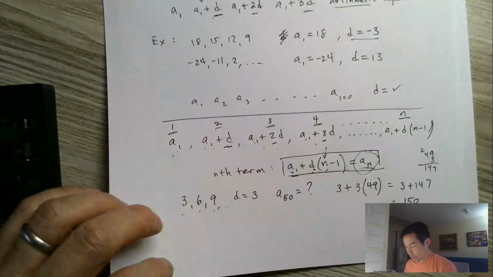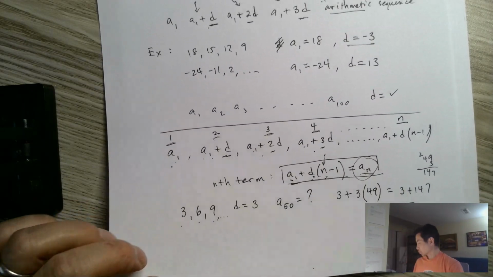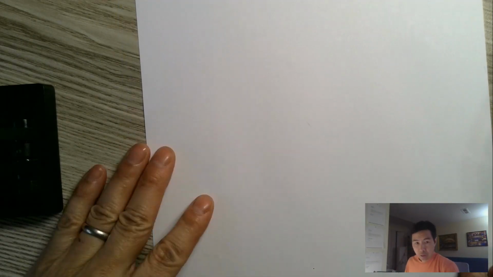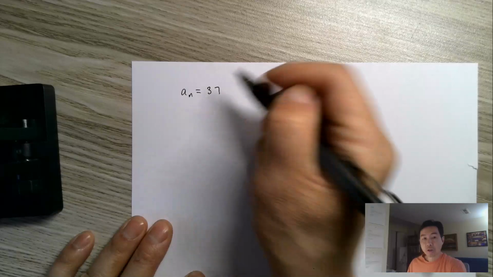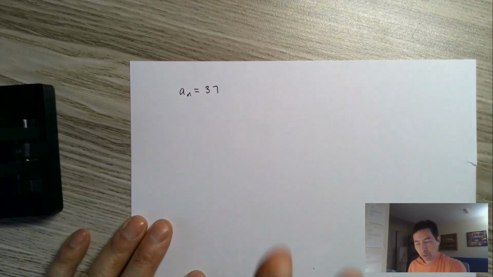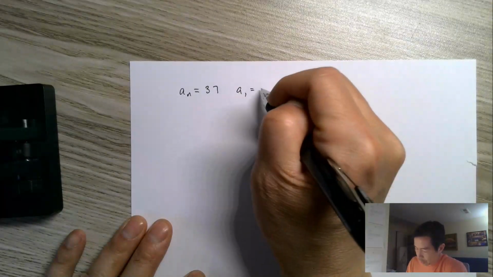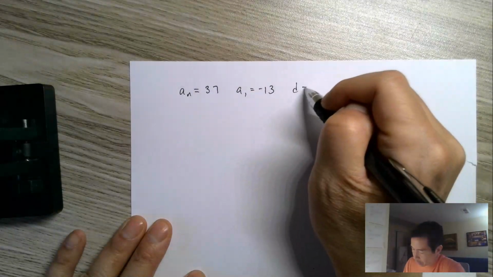So let's do an example where we're solving not for a sub n, but for something else. Okay, so let's say we know a sub n is 37. So 37 is a term down the road. And let's say we know the first term is negative 13, and the common difference is 5.